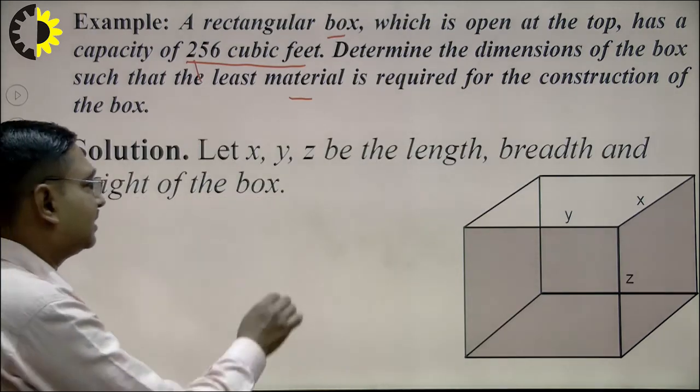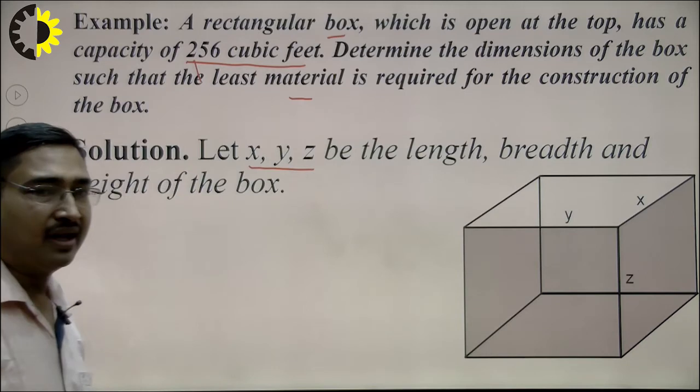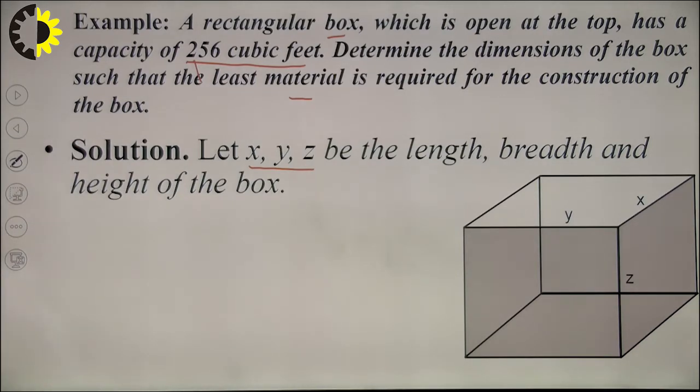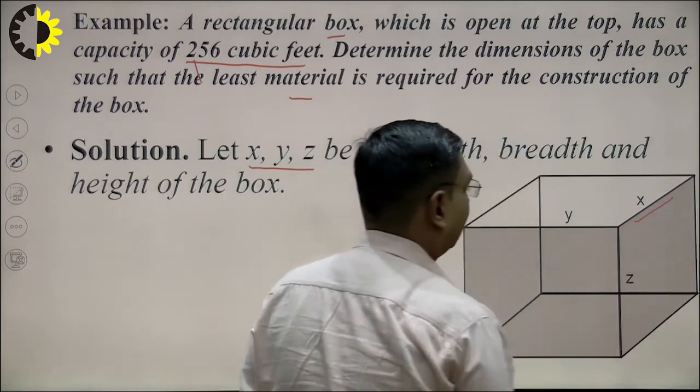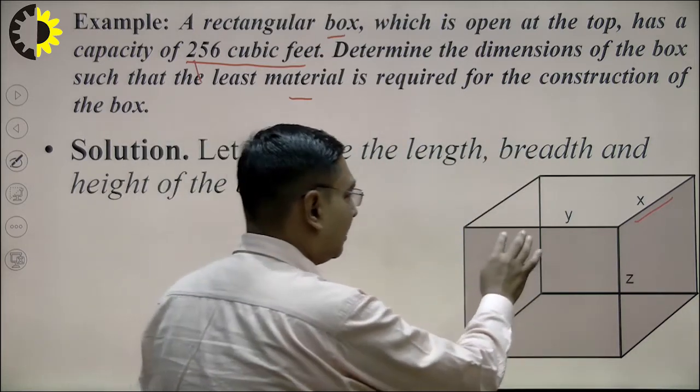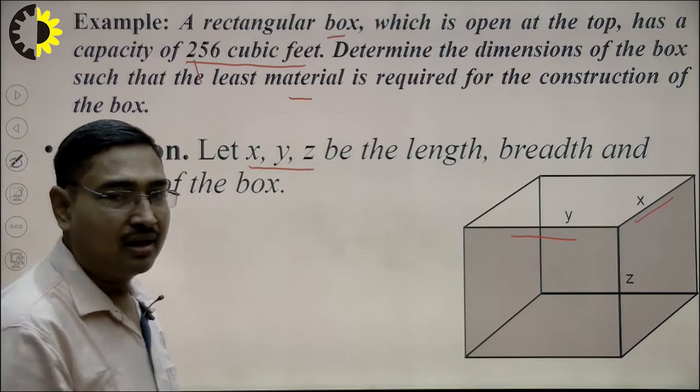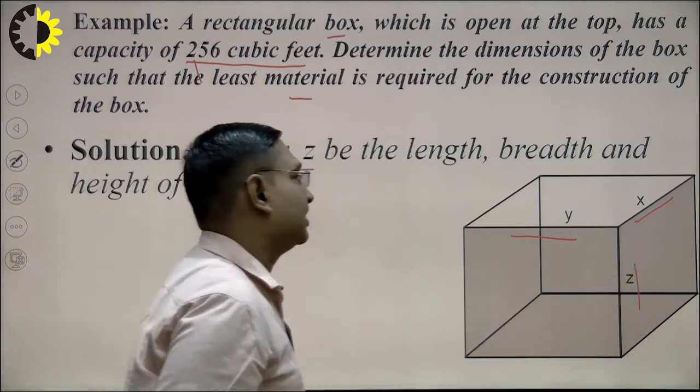For this, let us assume that x, y and z be the length, breadth and height of the box. Thus, this is length, which is x, this is breadth, which is y, and this is height, which is z.